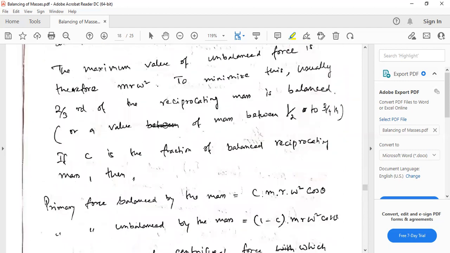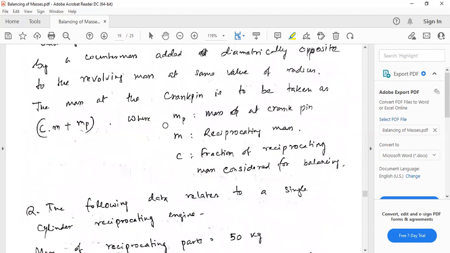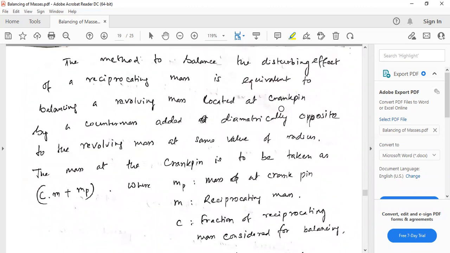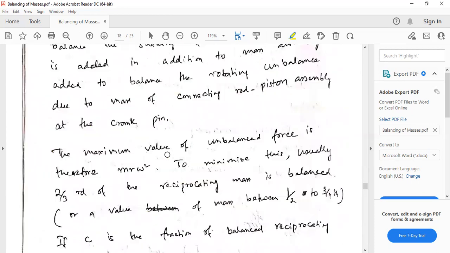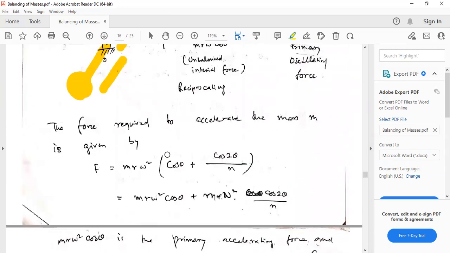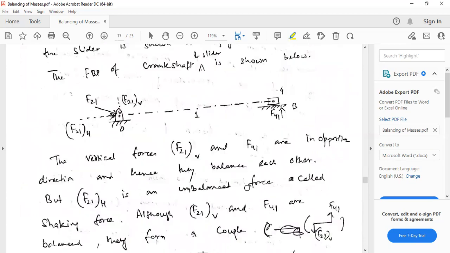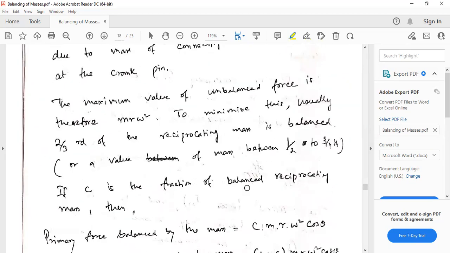Okay. So here you see, what they say is it is equivalent to adding a revolving mass at this counter crank pin.